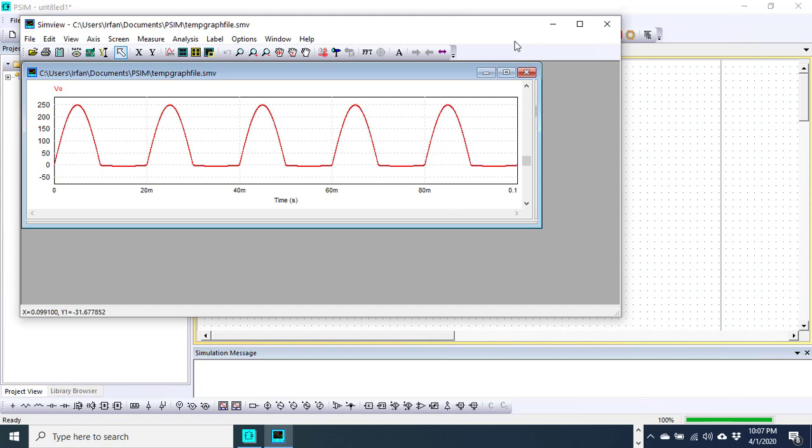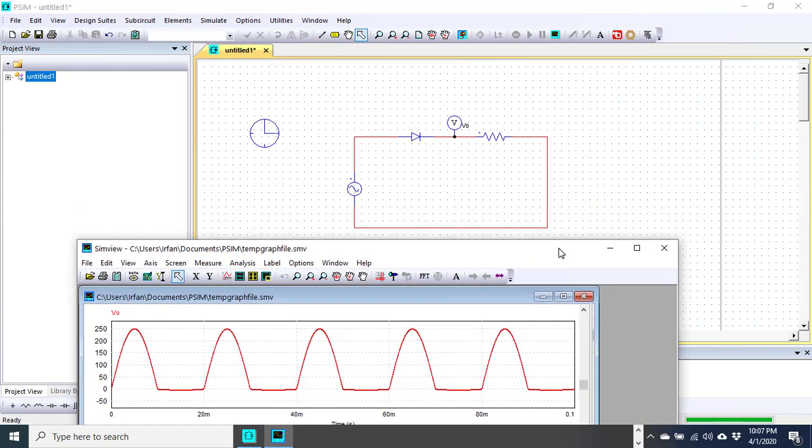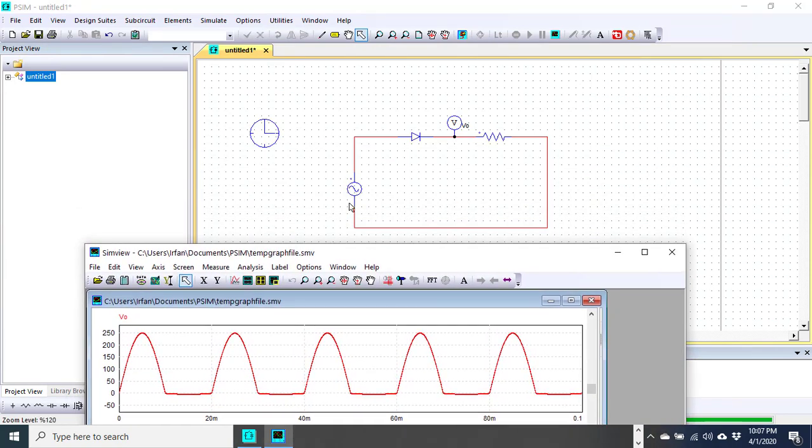Okay, so in this circuit diagram, you can see that the input power is directly coming from the sinusoidal source and going into the diode, and the diode is directly connected with the load. But in this scenario, I don't have any control at the output level to control the power delivered to the load.